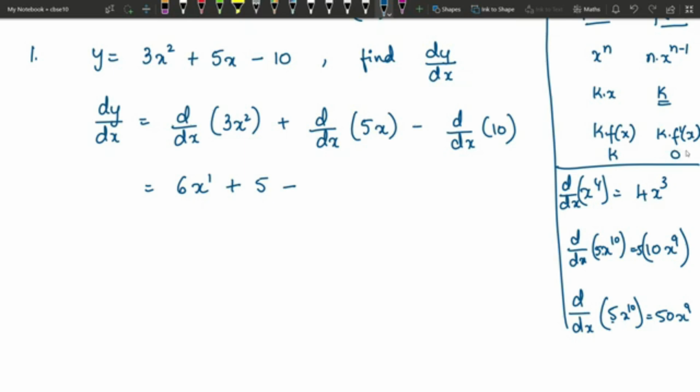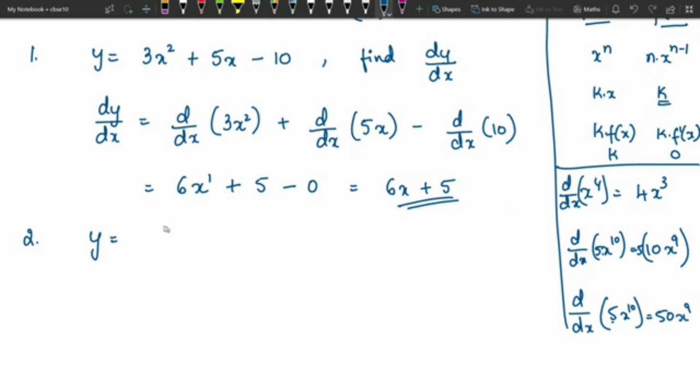Means what? Since it doesn't have any x term, change in x does not affect the function at all, because there is no x itself here. So derivative of 10 is 0. So the answer is 6x plus 5. Hope this is clear. I will show you one more example quickly.